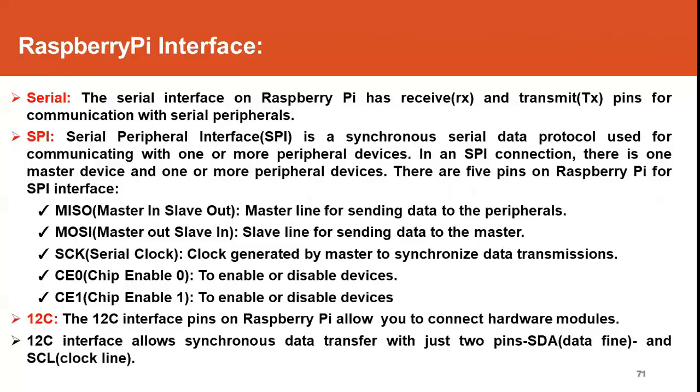The clock line is used for synchronization purposes. The data line is used for data transfer. So these three, serial, SPI and I2C interfaces, are used to communicate with the peripheral devices in the Raspberry Pi board.